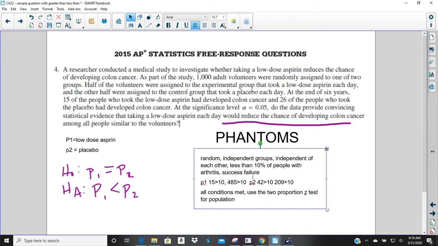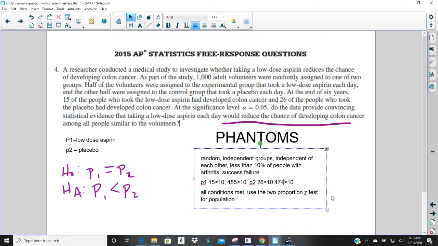And then in the people who had the placebo, 26. So now we are at, what did I just do here? Oh, because it's half, right? So it's going to be 574. No, 474. Sorry about that. Okay. All right, all conditions are met.